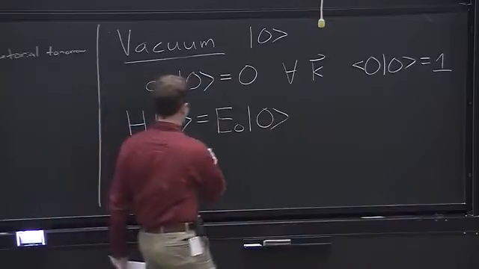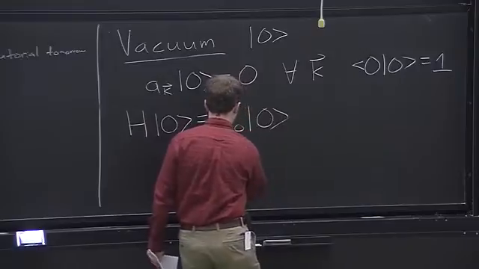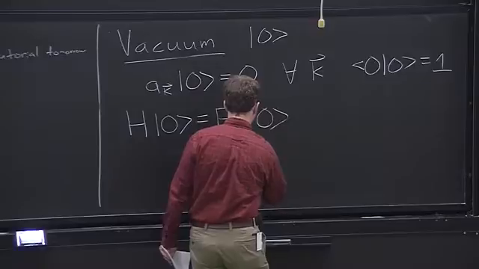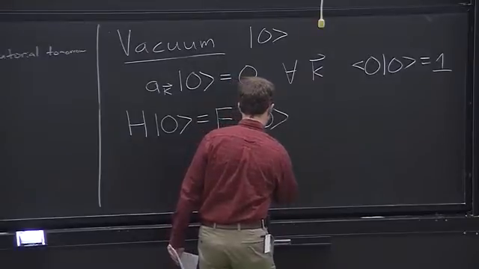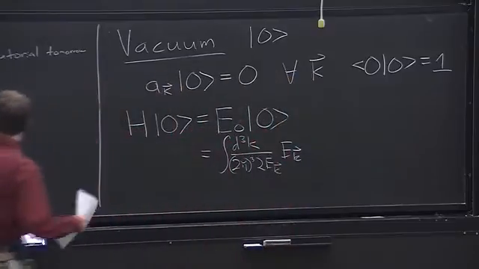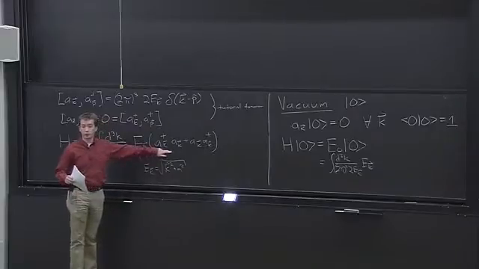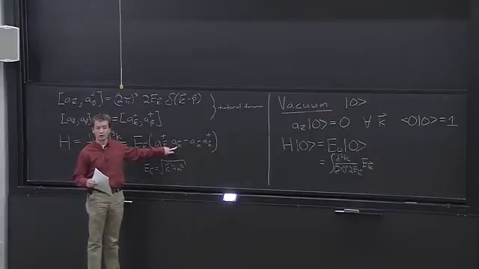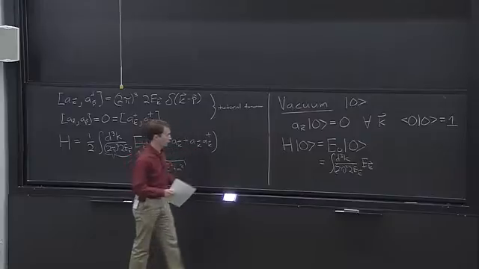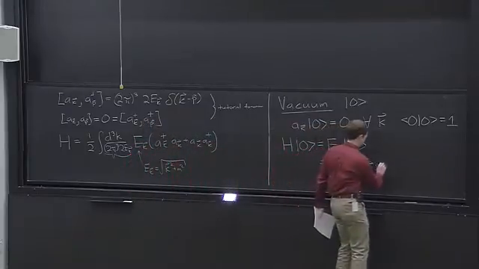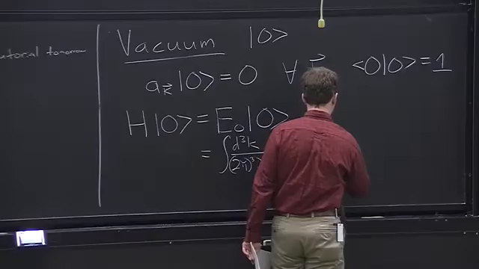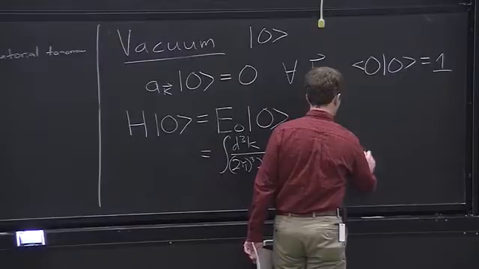There are two terms here, but the first term is 0 because a_k acting on |0> is 0. So once we act on the vacuum, there's only one term left: this term here, a_k dagger a_k acting on |0>.